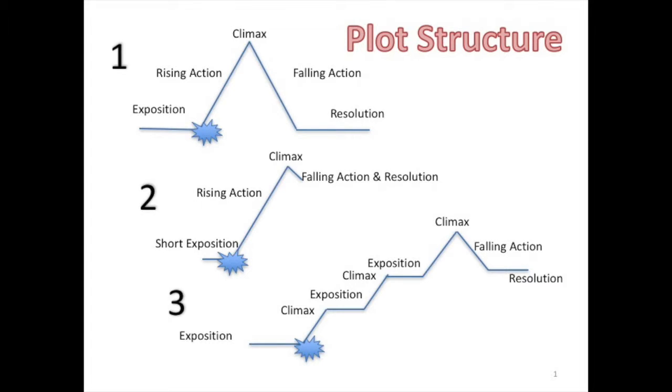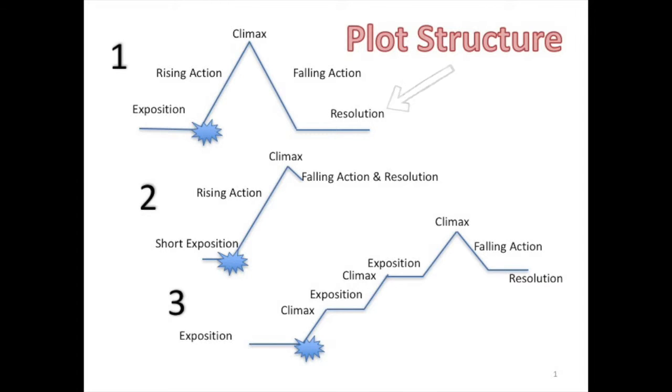And then you have that little burst, which is the inciting incident, which causes the characters to do something because now there's a problem. And the rising action is where they're trying to take care of the problems until they get to the climax where, hey, they're either successful or they fail. And then there's always a little breathing space at the end of a story with falling action and a resolution.